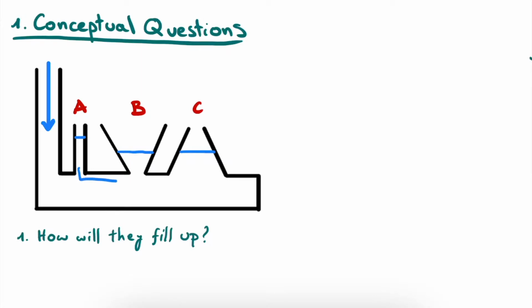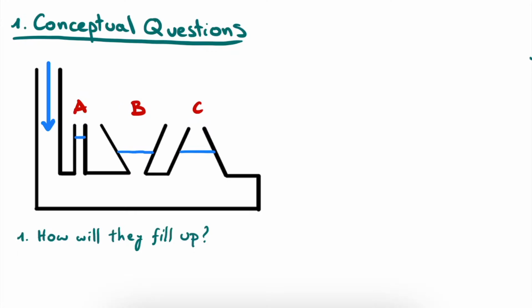Because these openings are basically connected with the same water source or the same tank, they can be seen as the same container. And therefore the surface, or the interface between the water and the atmosphere outside, in each of these openings can actually be seen as the same surface.